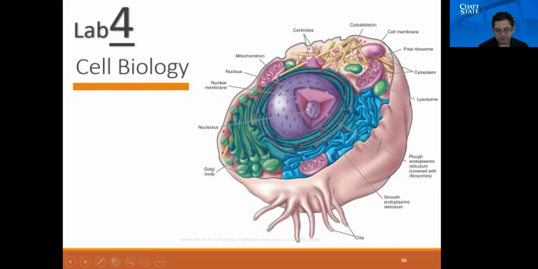Sometimes they're used interchangeably, but by definition in the text, the cytoplasm is the area inside the cell. You could say it's the intracellular compartment, but the fluid, the water, and the random amount of proteins and other things floating around, that is the cytosol. So the fluid is the cytosol, the area inside the cell is the cytoplasm.